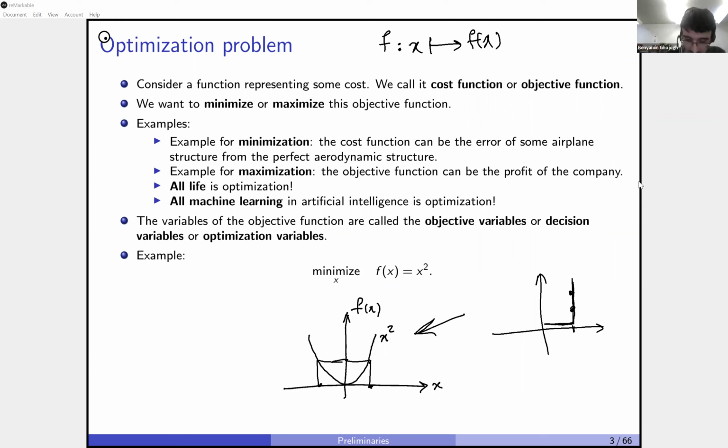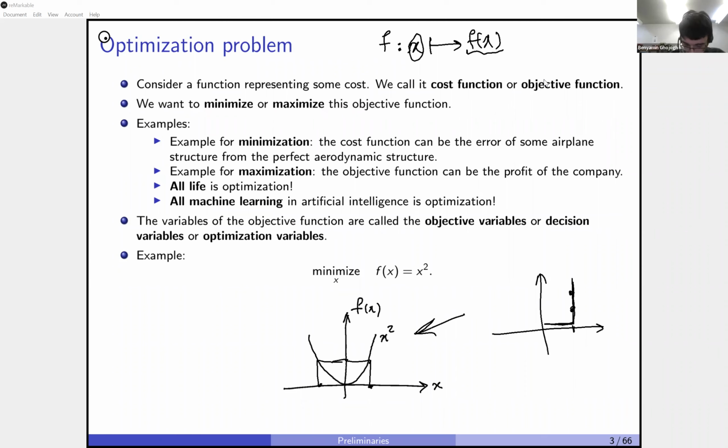This is a function. And this input, which is the argument, can be either a scalar, a number. When we say a scalar, it means a number. Or it can be multidimensional. It can be a vector, it can be a matrix. And the output can also be a number, a scalar.